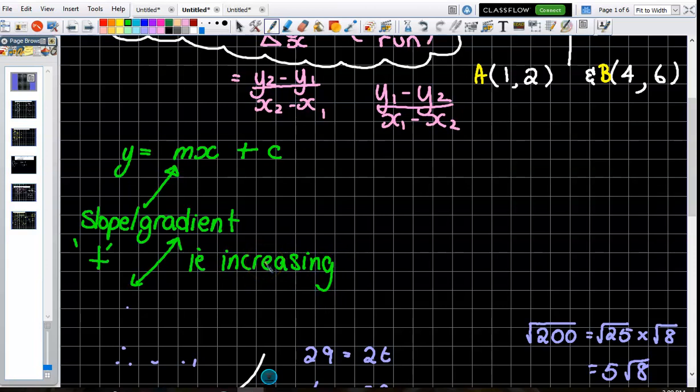I'm not going to write negative decreasing, you know that. If you want to, you could write larger the number, steeper the slope. Up to you. And of course, our friend over here, that is our y-intercept.